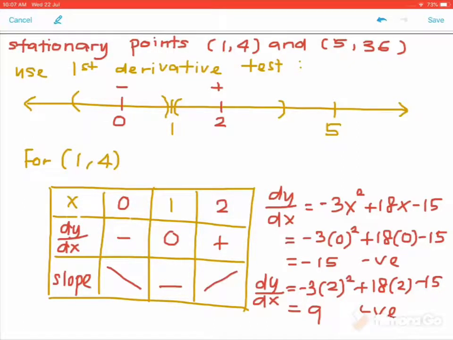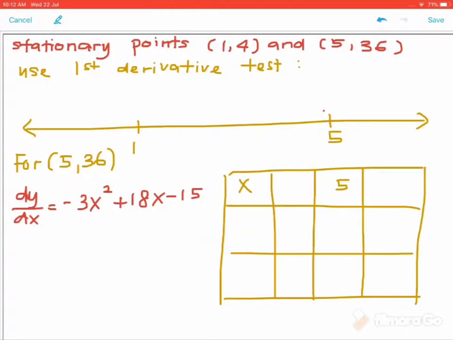If you use the number line, it is also the same: we can notice that the gradient before 1 is decreasing and after 1 is increasing. That is why I say if you use the number line or the table, they are actually the same. So we can conclude that (1, 4) is a minimum point.